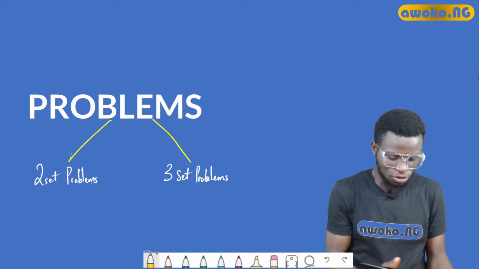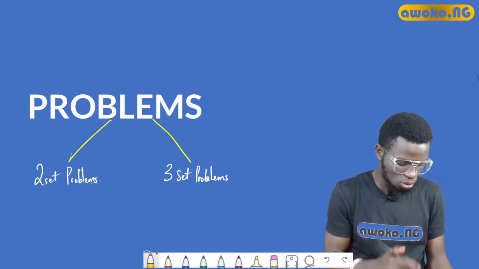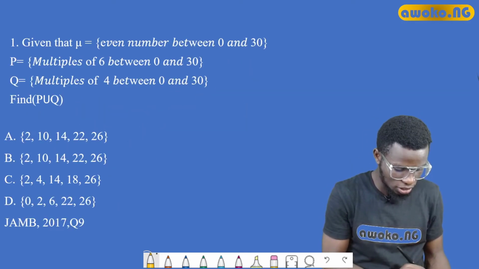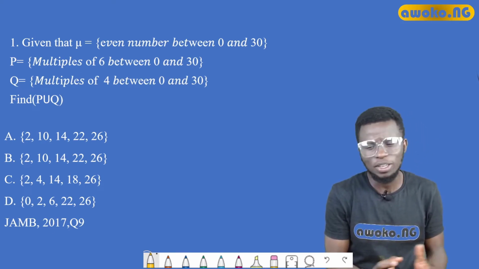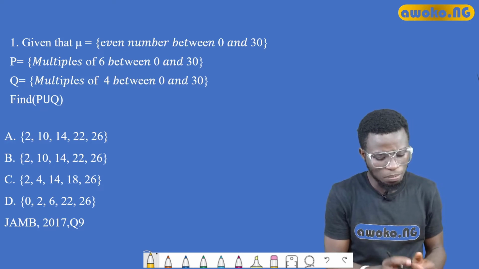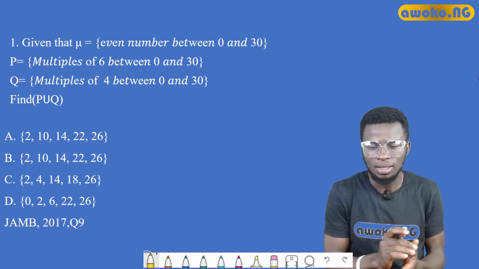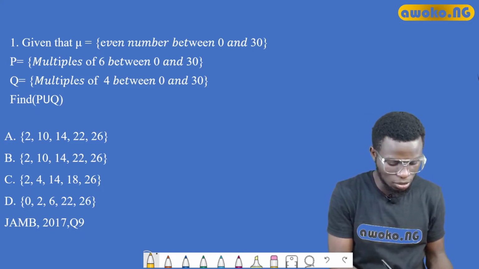Just as we are solving more problems, you will see a case where we have 2 and 3 set problems. So let's go straight to the first question. Given that mu is equal to the even numbers between 0 and 30, the first thing we have to do is to list the elements in mu.